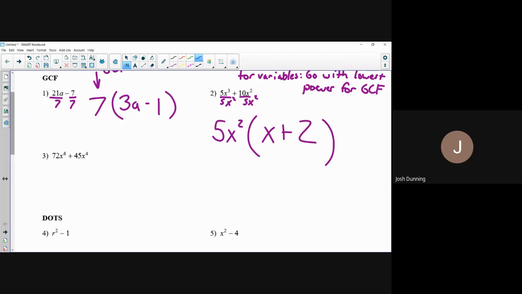In this case, it's 9. I can divide those both by 9. We got an x in both. So go with the lowest power, x to the fourth. So your GCF, 9x to the fourth.